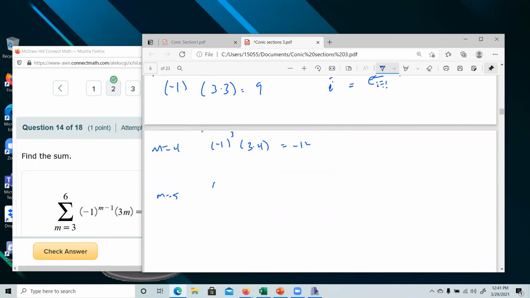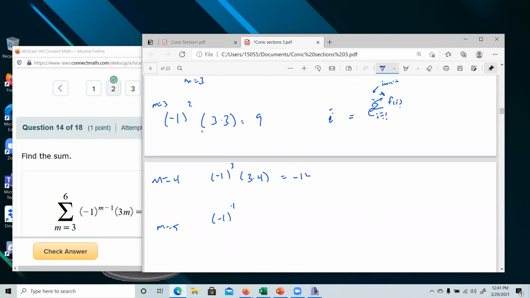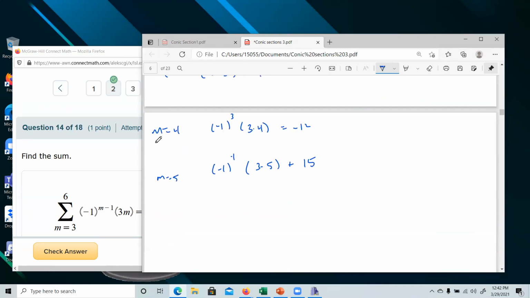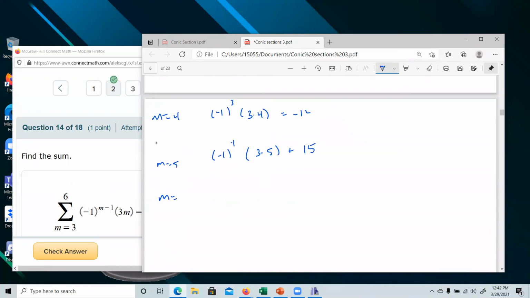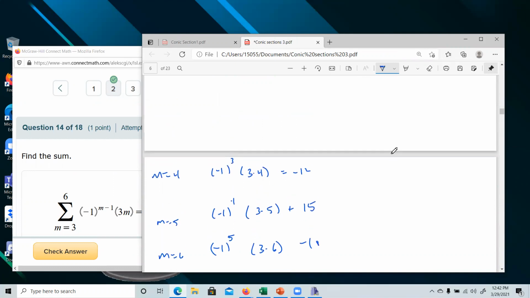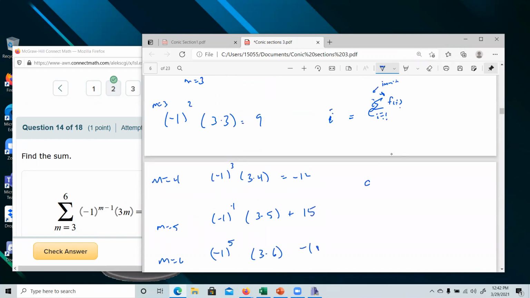I sense there's a pattern here. Negative 1 to the 4th, and then we have 3 times 5, so that's positive 15. Okay, and m is equal to 6, and that's negative 1 to the 5th, and 3 times 6, so that's going to be negative 18. Okay, so if I add all of these up, we have 9 minus 12 plus 15 minus 18, so we have negative 3, and negative 3 is negative 6.